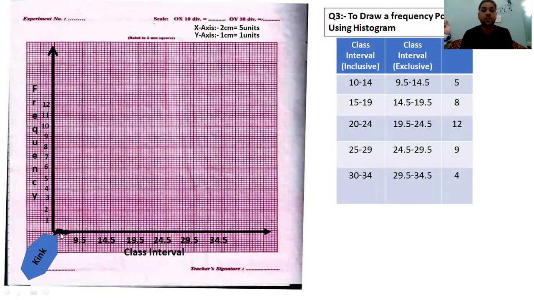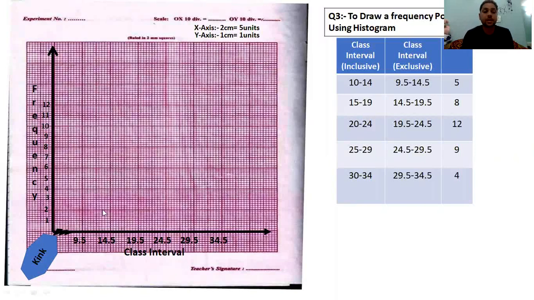There will be a difference of 0.5 in the gap. In the rest of the terms, we have an equal gap of 5. That is the scale that we have taken on the x-axis, 5 units here. So in each block you have a distance of 5 units, but in this case you do not have the equal distance of 5 units. So to cover that, we have to apply the kink here.